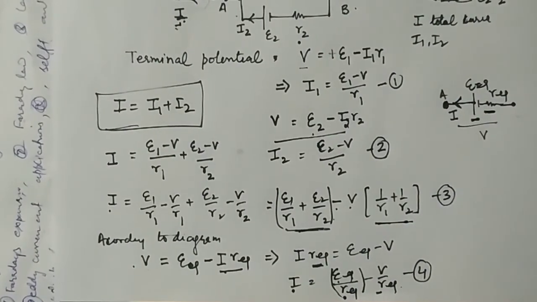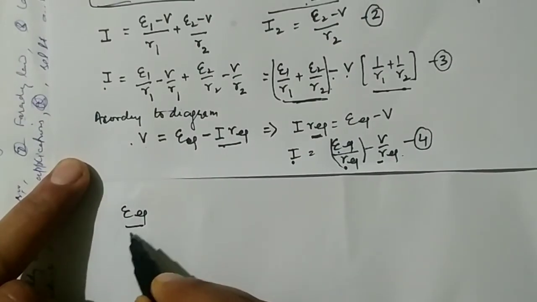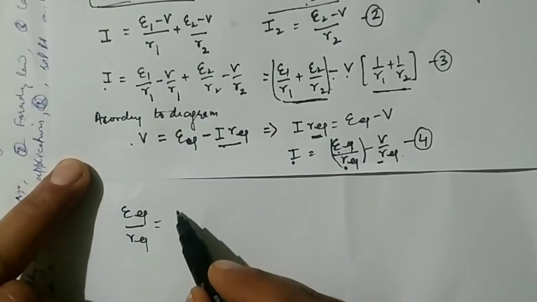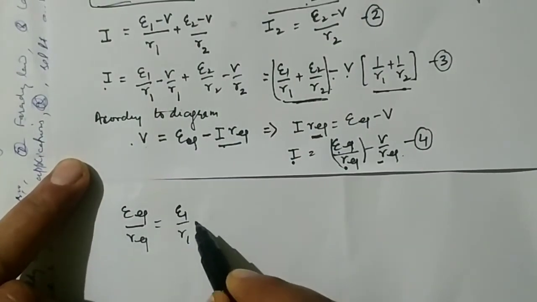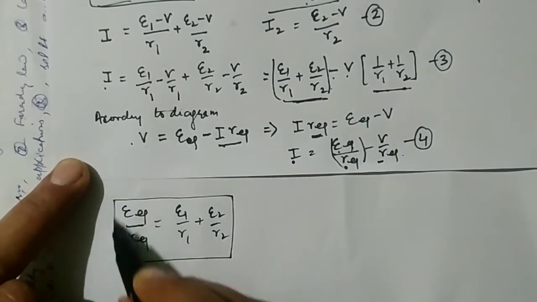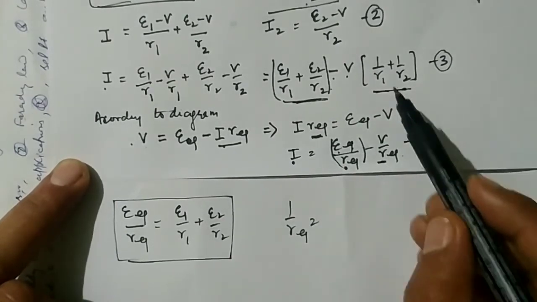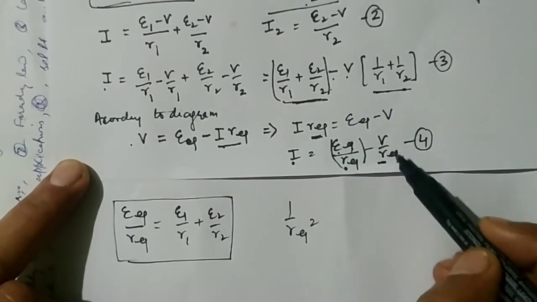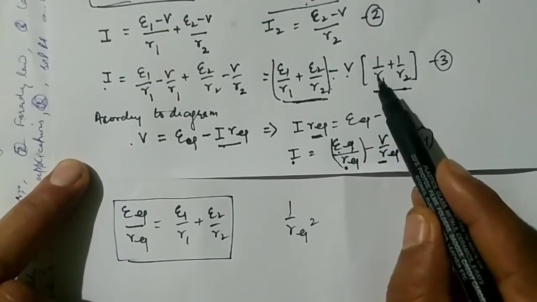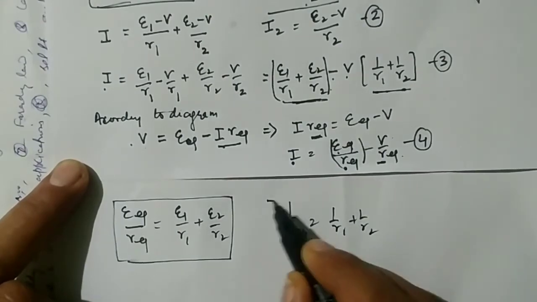If you compare these two, you will find that E equivalent divided by R equivalent is equal to E1 by R1 plus E2 by R2, and 1 upon R equivalent is equal to, neglecting V since V is the same, 1 upon R1 plus 1 upon R2.